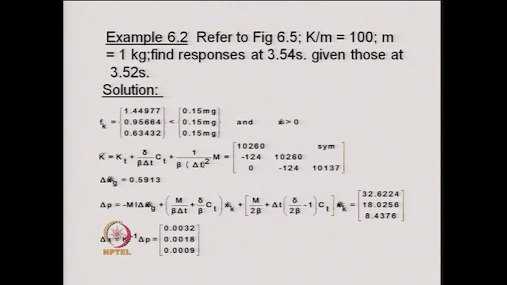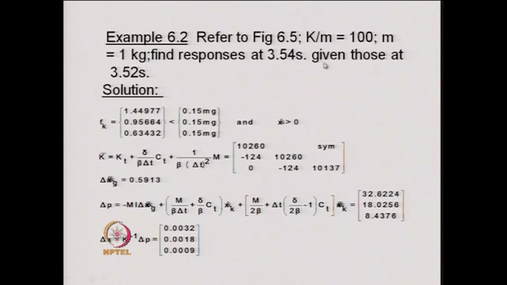The quantities that are given are Fk, that is, at time 3.52 seconds, the shear forces in the columns are 1.44, 0.9566, 0.6433. This is for the bottom column, this is for the middle column, this is for the top column, and all of them happen to be less than or equal to the permissible yield shear for the column.